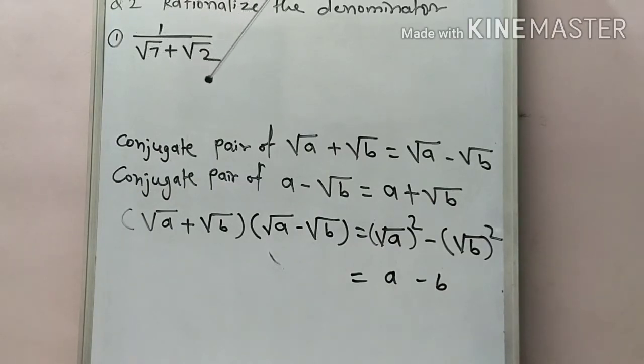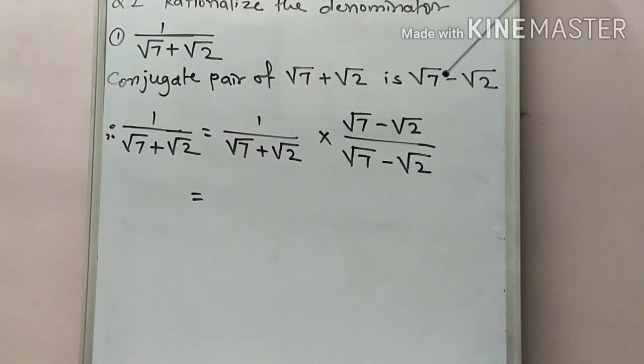First we write down its conjugate pair, and the conjugate pair of root 7 plus root 2 is root 7 minus root 2. Hence we multiply the numerator and denominator by that conjugate pair.